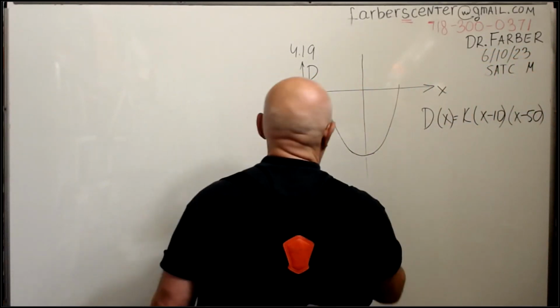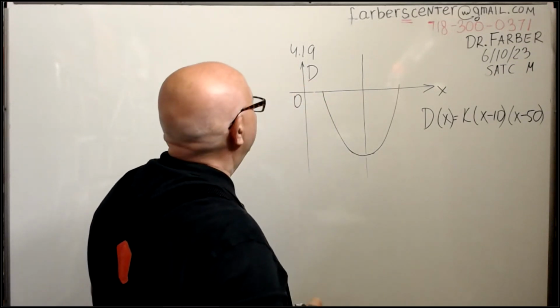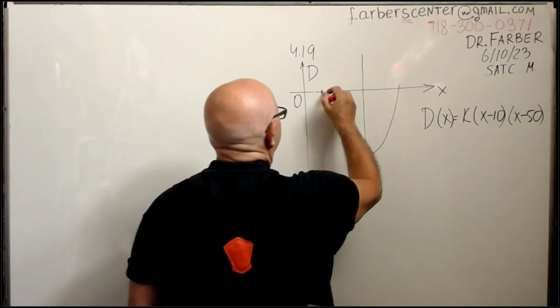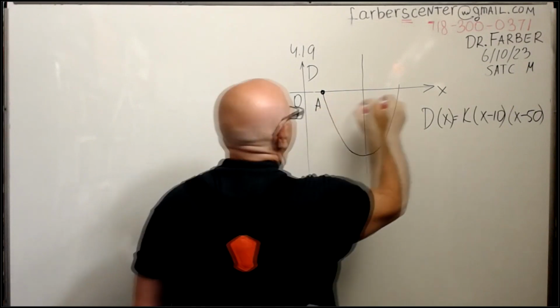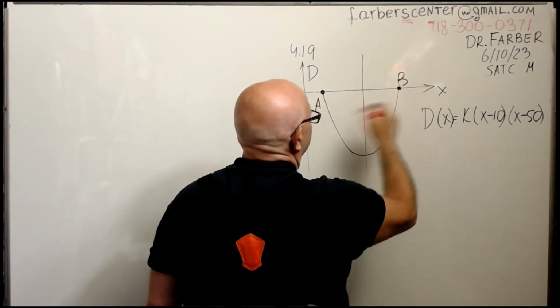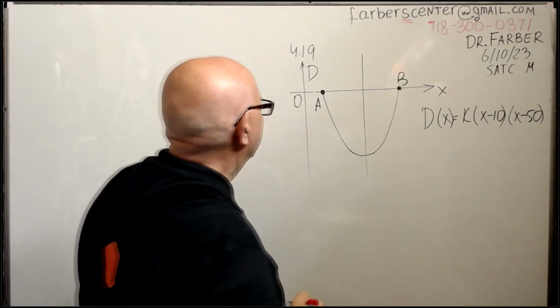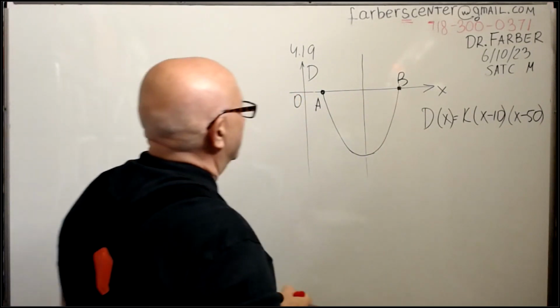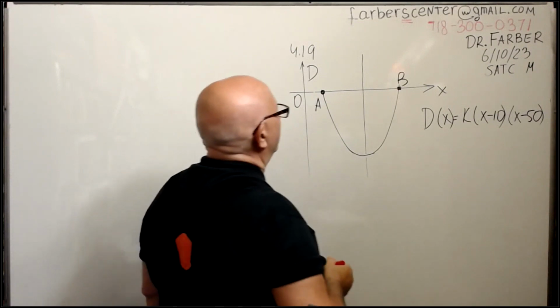Well, look at this. This is our river, and this is point A and this point B. This is the river inside. How to find points A and B? Easy.